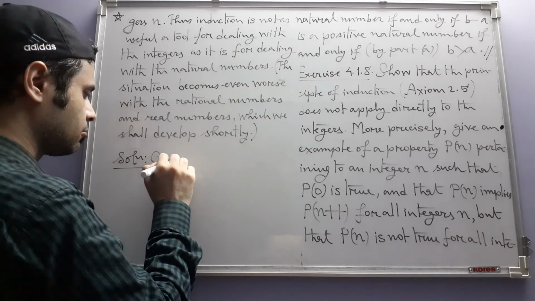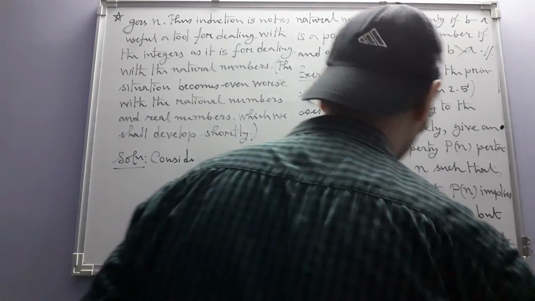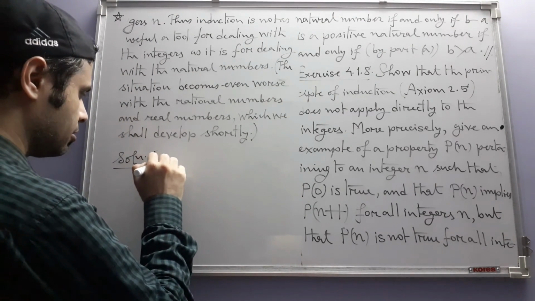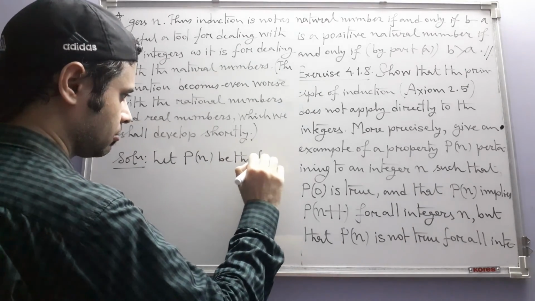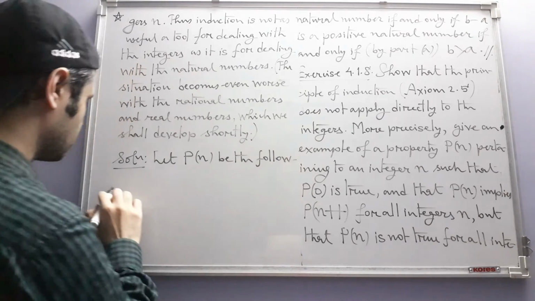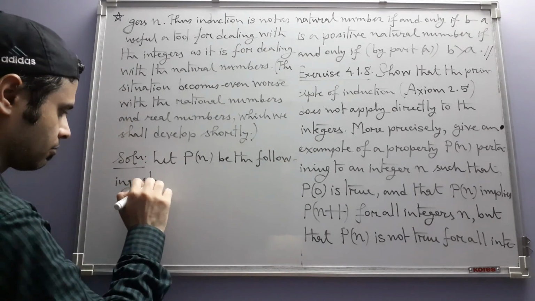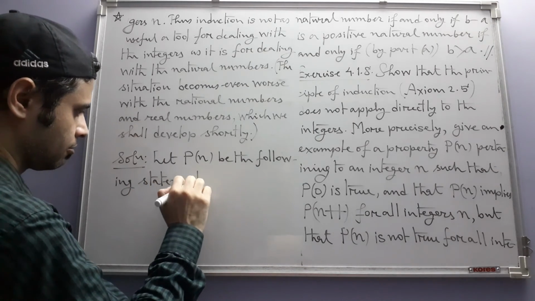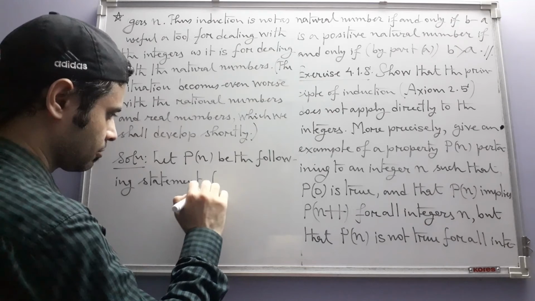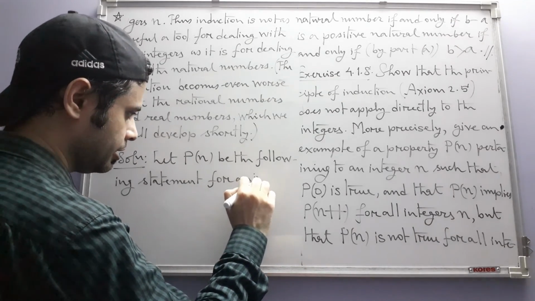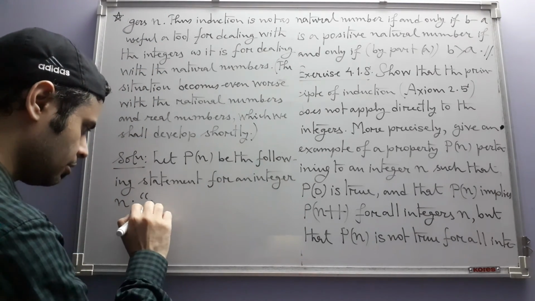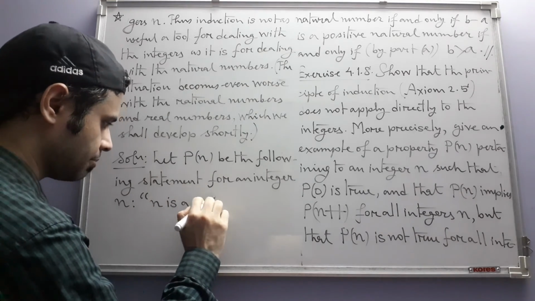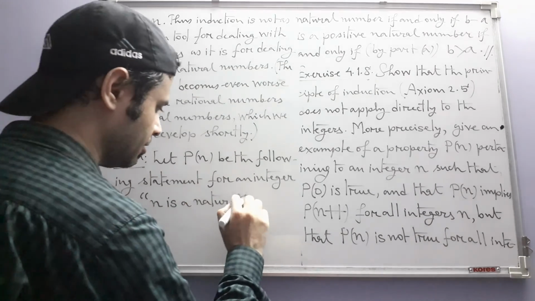Consider, since we are mentioning P of n, let P of n be the following statement for an integer n, that n is a natural number. That is our statement, P of n.